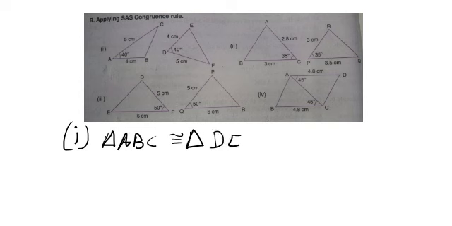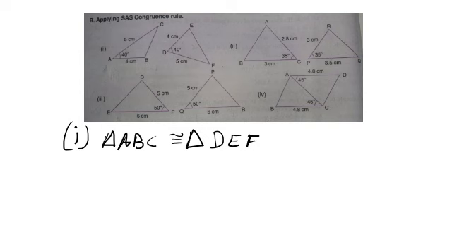This will be the correct sequence, so this will be ABC and this will be DEF. Now we can see that these triangles are congruent, because both of the angles are the same and the sides also are the same. So triangle ABC is congruent to DEF.